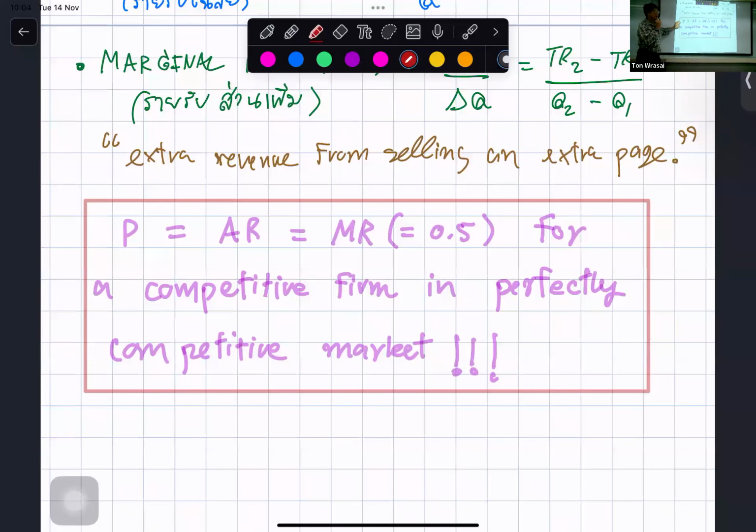So this is true in a perfectly competitive market for a firm. We call this firm a competitive firm. There are many competitive firms competing all together, like you guys, each of you is a competitive firm right now.